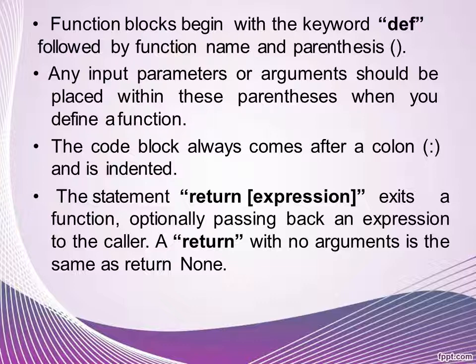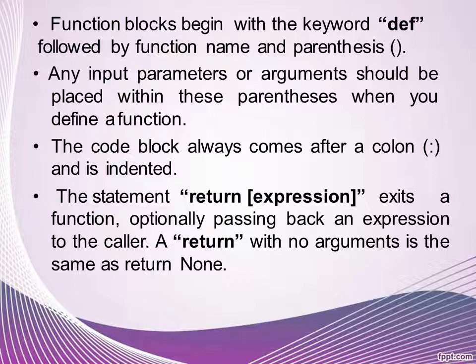Okay, so the second point: any input parameters or arguments. Parameters within parentheses are called arguments. Arguments are declared in between the open brace and close brace. The argument should be placed within these parentheses, which is mentioned in between the def functions, when you declare a function.